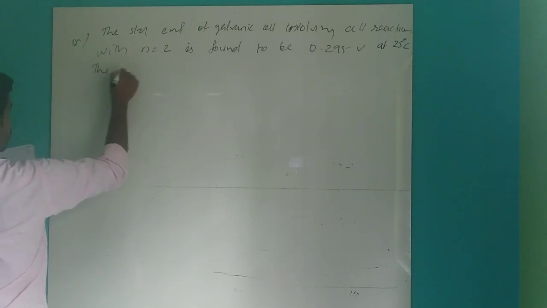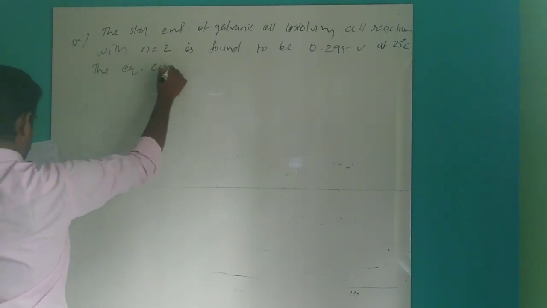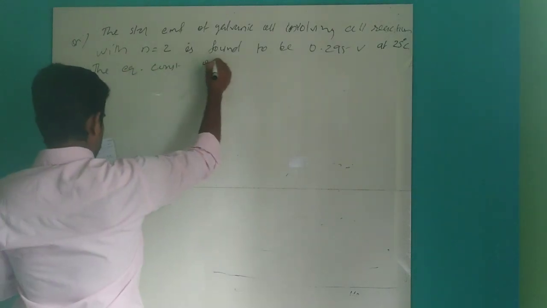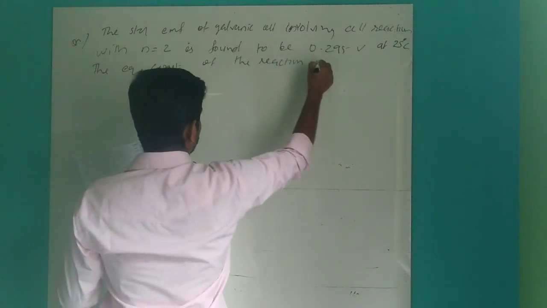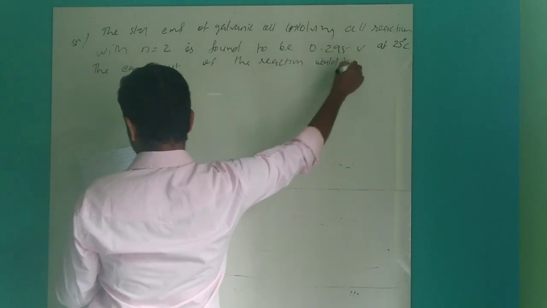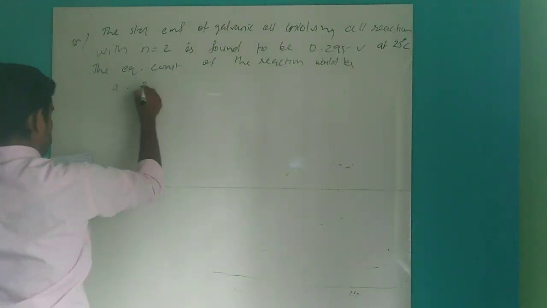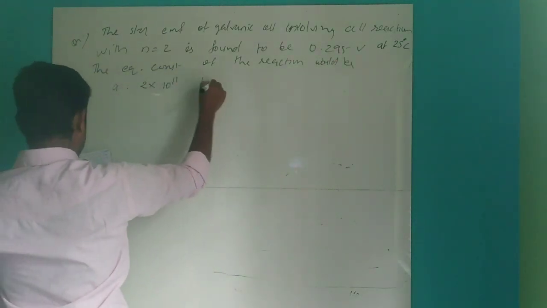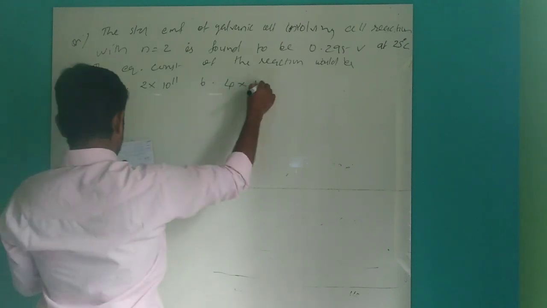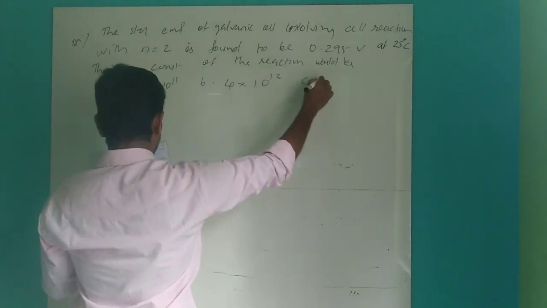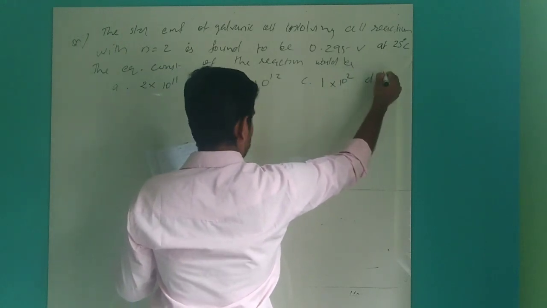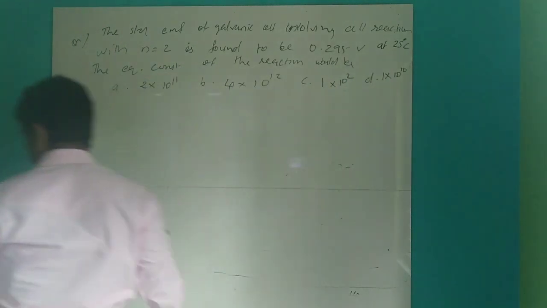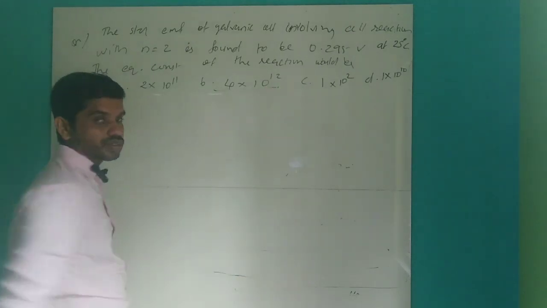The equilibrium constant of the reaction would be: option A 2 into 10 power 11, option B 4 into 10 power 12, option C 1 into 10 power 2, option D 1 into 10 power 10. So this is the question.